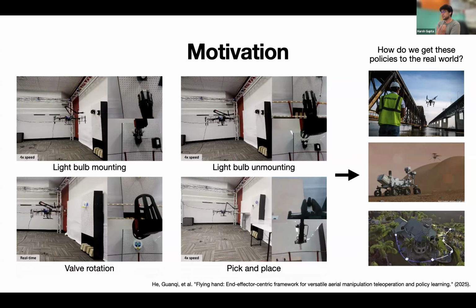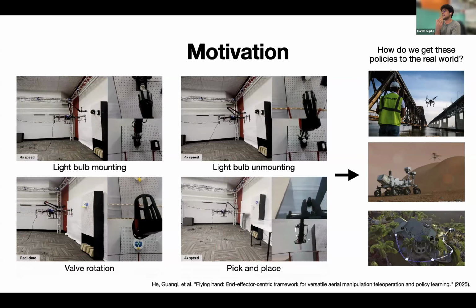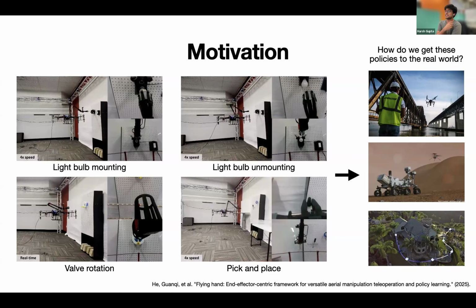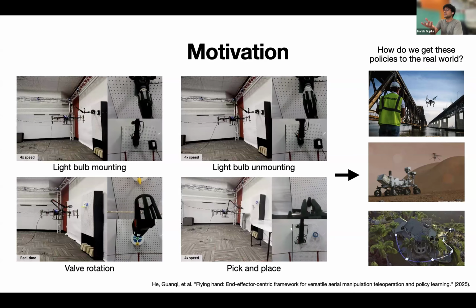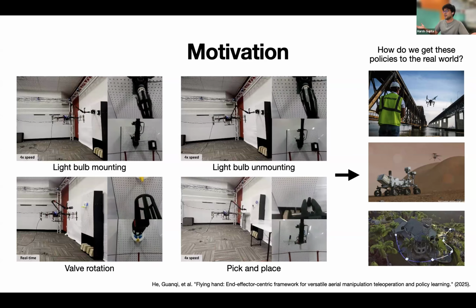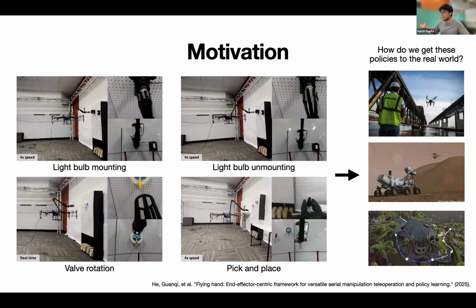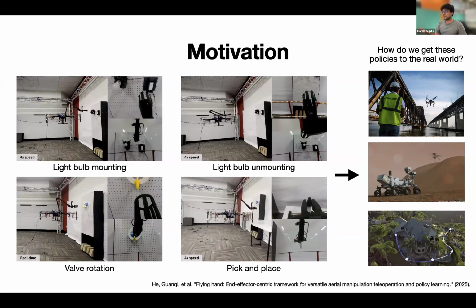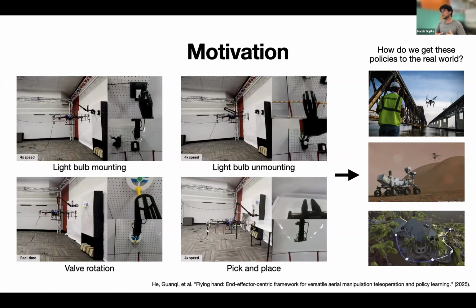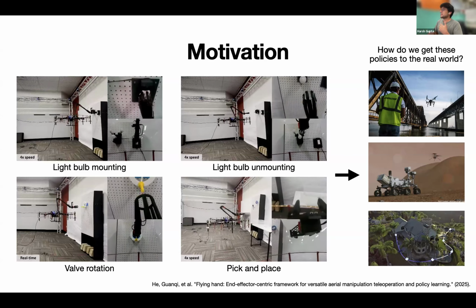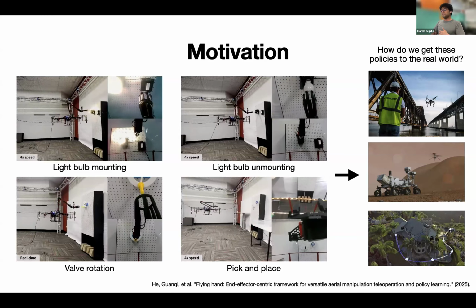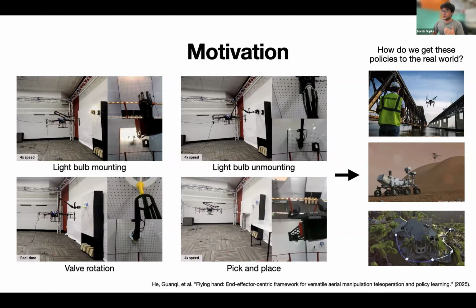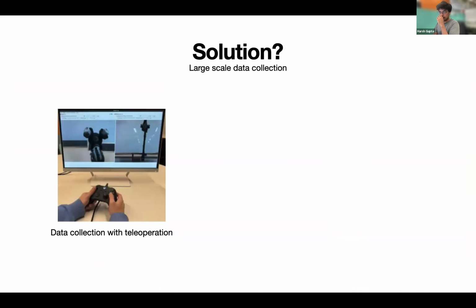But you can imagine a different future where you don't only do some inspection or take some images, but you take that image, you see, okay, my light bulb doesn't work, so I can autonomously roll out that policy to unmount or remount the light bulb. So there's a really big use case for aerial manipulation in the real world.